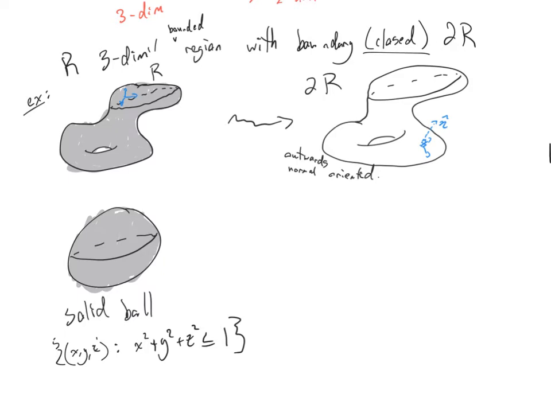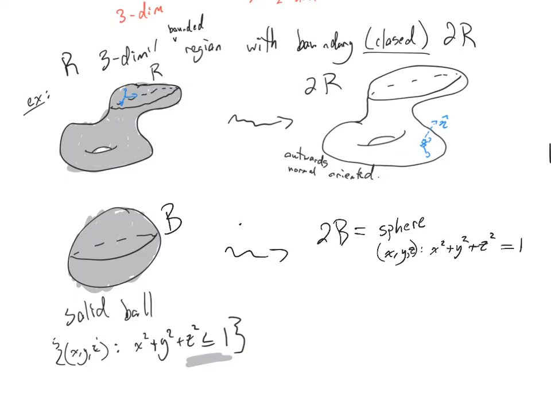This less than or equal means I have to fill the interior of the ball. Then the boundary of, let's call this B, the boundary of B is the sphere. That's (x, y, z) such that x squared plus y squared plus z squared equals 1. If it equals 1, it's only the boundary of the sphere, not the interior.